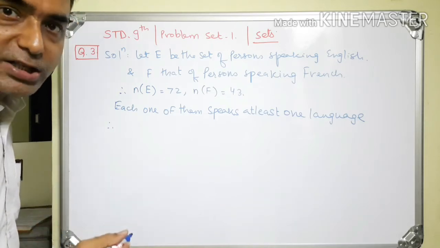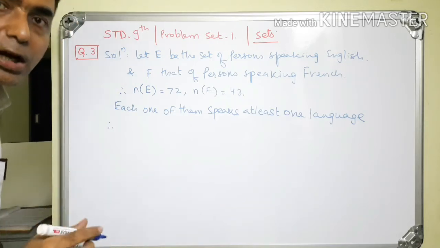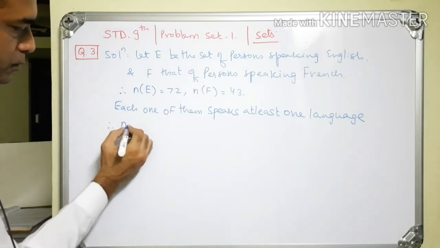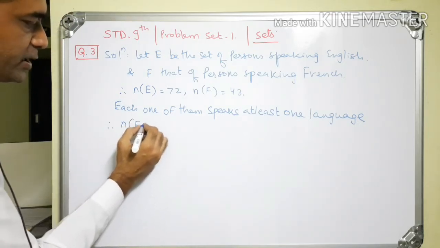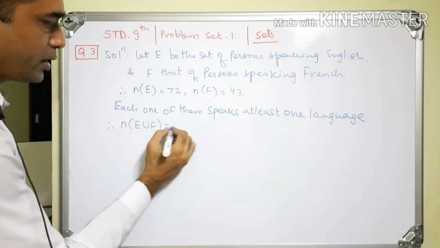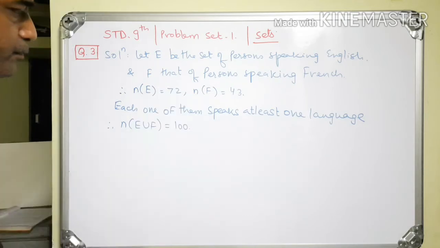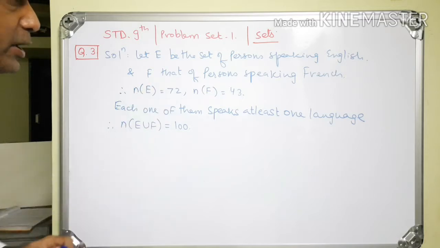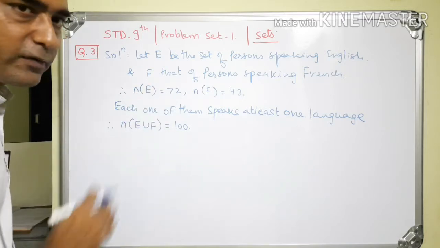Universal set or union set? It will be represented by the union set. Therefore, the number of elements in set E union F equals 100. These are the 100 persons who speak at least one of the languages. Therefore, the union set will be 100.